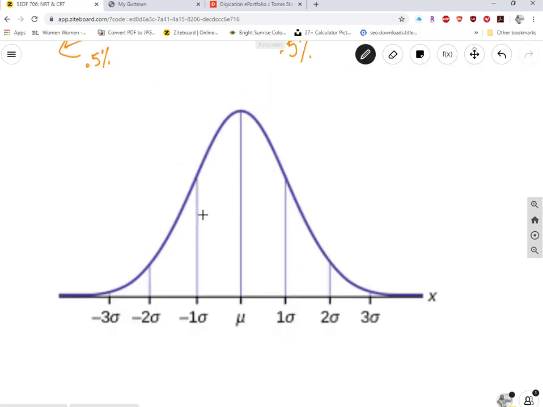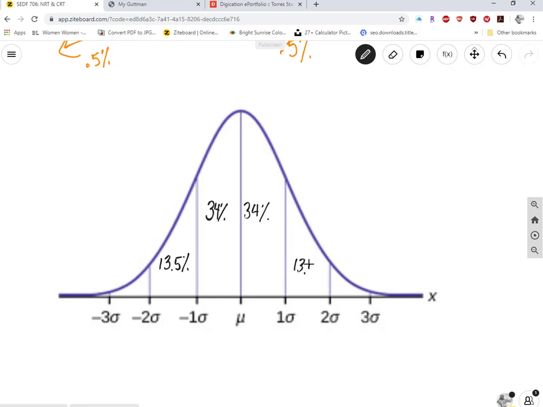I'm going to go ahead and fill out this diagram with all the probabilities so we have it as reference. So again, this part would be 34% of the curve. This would be 34% of the curve. This would be 13.5% of the curve.